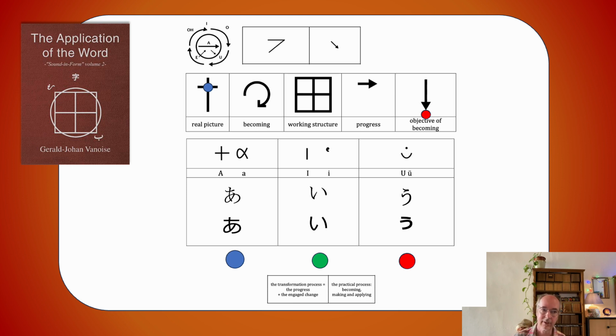These directions are, in fact, directions that are the same in every language. A is the general progress. E is what you insert in it of something new. And the U is something which is incomplete. That's why I also have here these three colors again. The A has the blue neutral color. You have this progress.